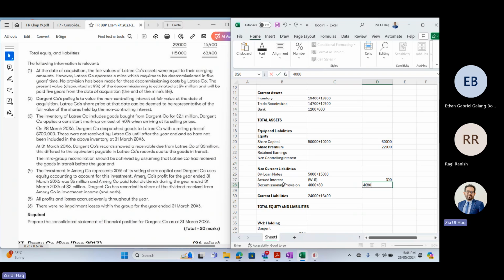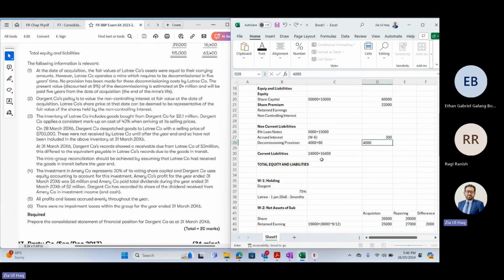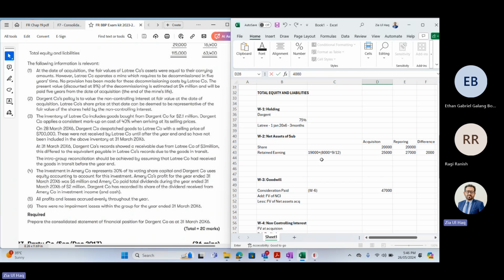And this information was at the date of acquisition relating to the subsidiary. This means we need to move here to subsidiary net assets value. And see, there was a decommissioning provision.